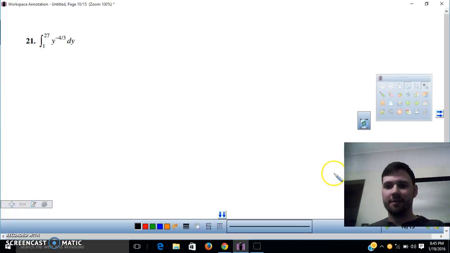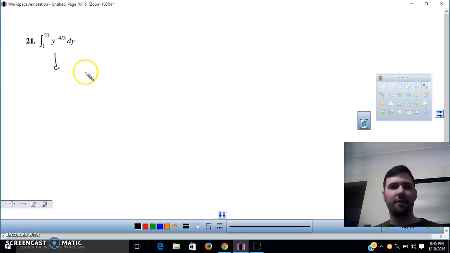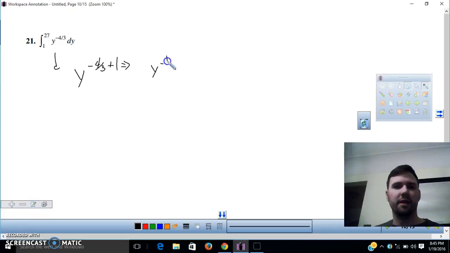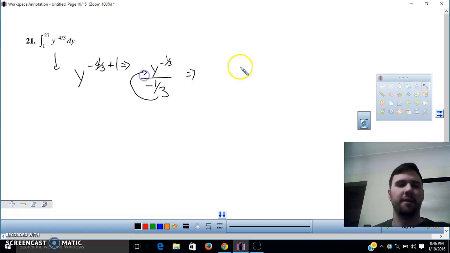Alright. So first things first, we're going to take the antiderivative. So that becomes y to the negative 4/3 plus 1, which is y to the negative 1/3. We divide by our new exponent, which is negative 1/3, which, if we simplify, we move the 3 up top.